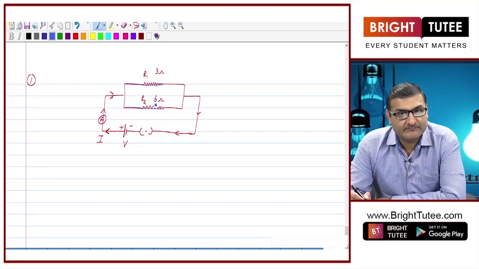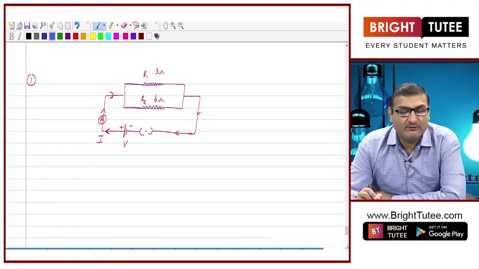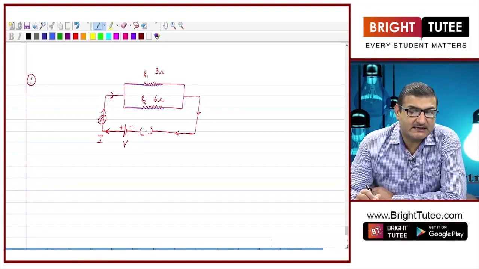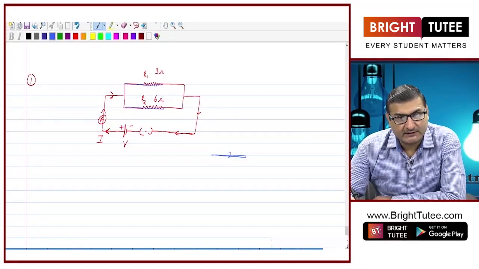Now, when we are to find out the total resistance, we see that these two resistances are connected in parallel to each other. Students, in order to exactly know whether the resistances are connected in series or parallel, just apply one simple rule. Let us take a particular connecting wire. From here the current is flowing, assume it to be flow of electrons.